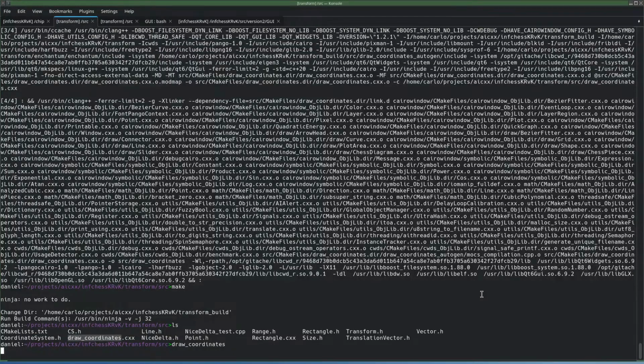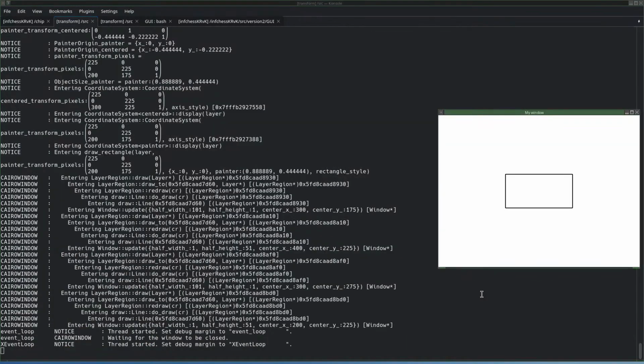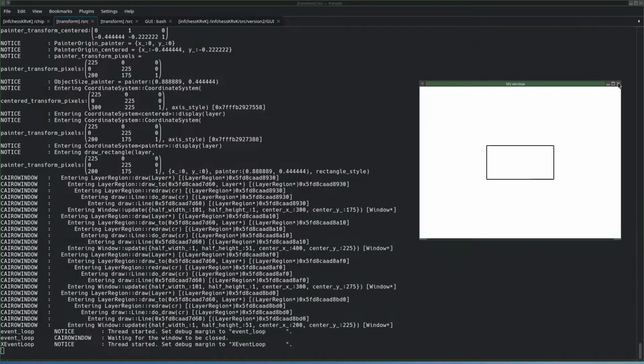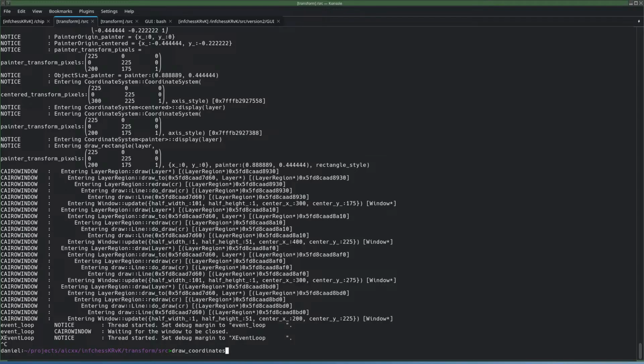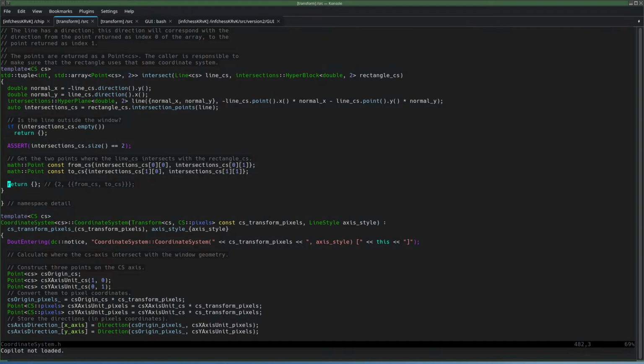Assert. It's not asserting. How is that possible? Well, let's first try to fix this.